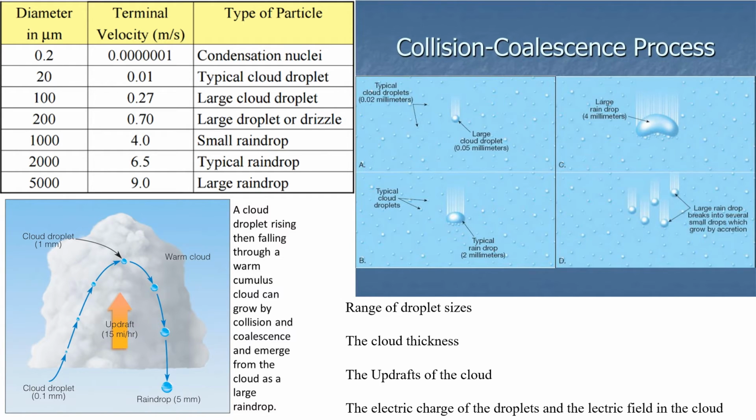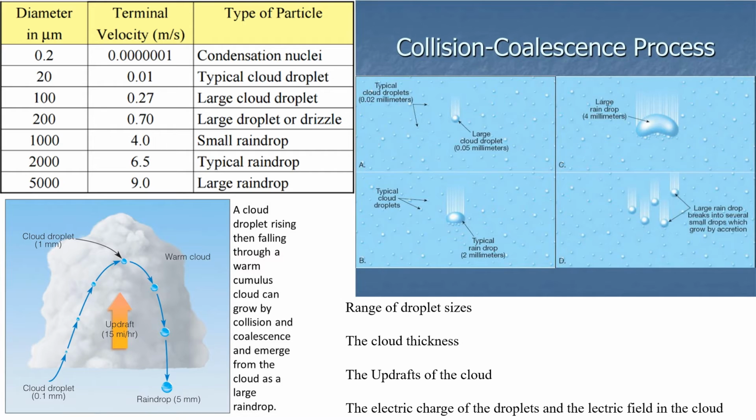If an updraft is especially strong, then droplets of different sizes can all be pushed upward. Coalescence may occur as smaller droplets are pushed upward more quickly, colliding with the larger droplets in their path and attaching to each other.